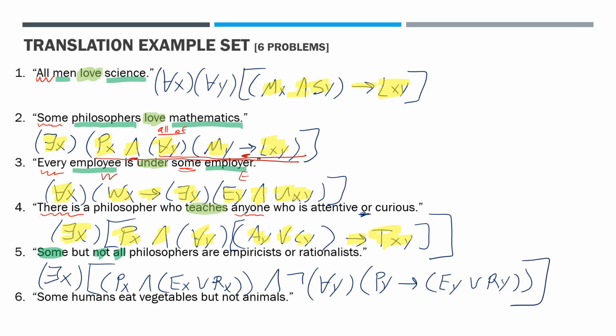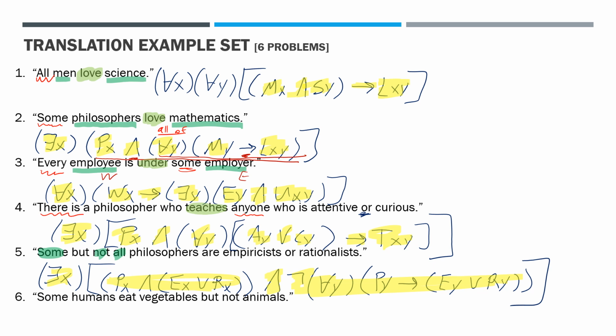On the one hand, we said there's some philosophers who are either empiricists or rationalists, but not all. So I just added, and it is not the case that all of them are. And that captures the essence of that sentence.